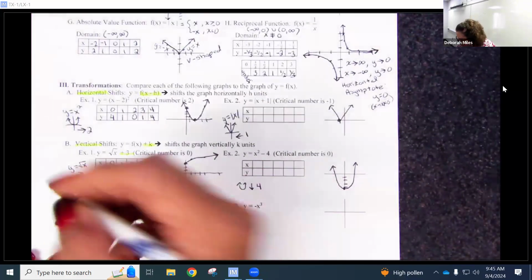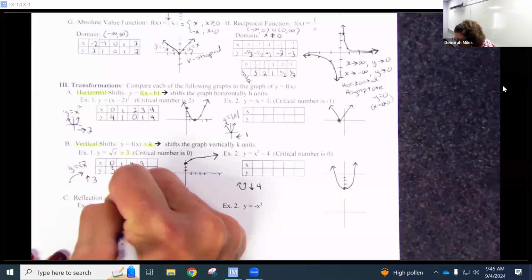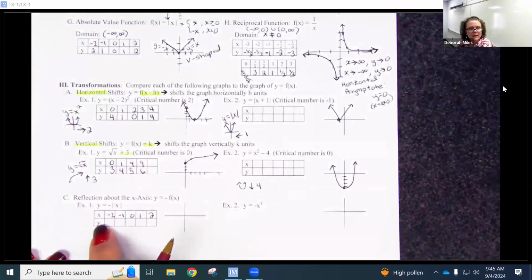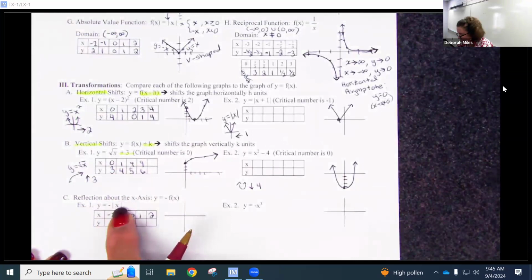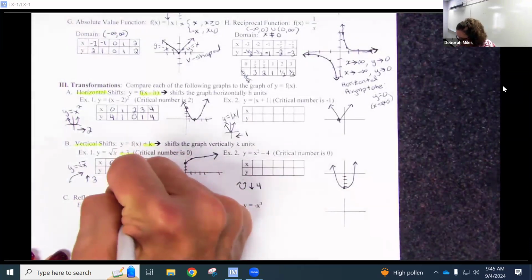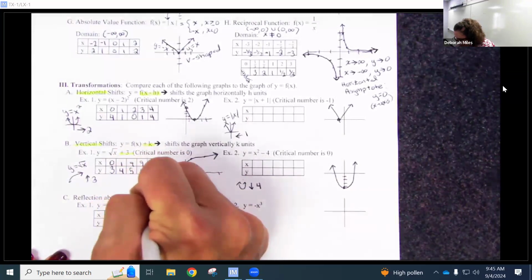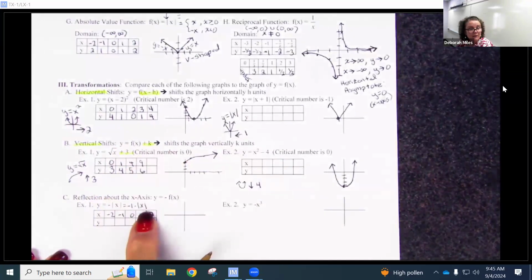Let's choose, say, -2, -1, 0, 1, and 2. If I let x be -2, the absolute value of -2 is +2. But then I'm going to write this as -1 times the absolute value of x, so that you can see I take the absolute value and then multiply it by -1.